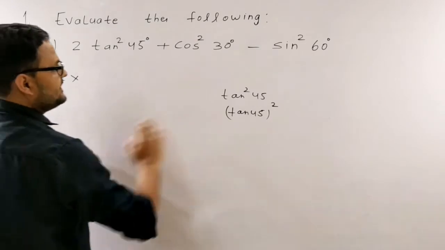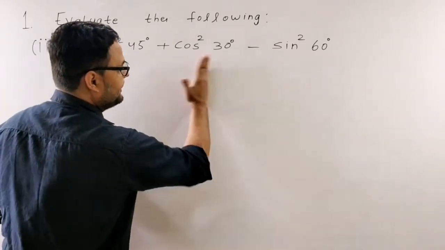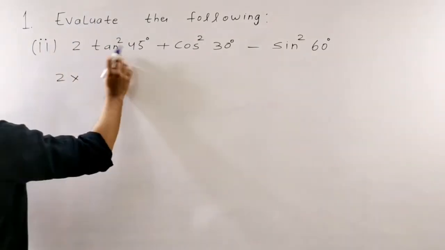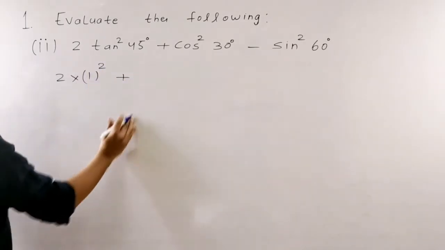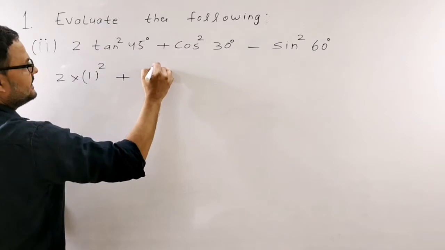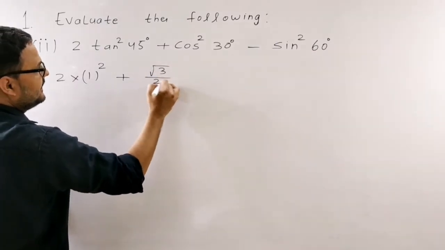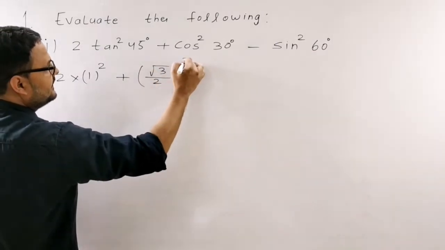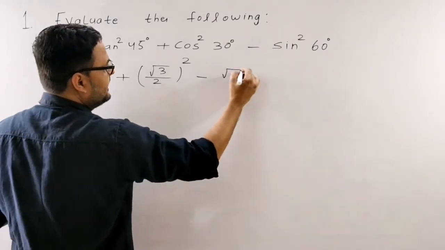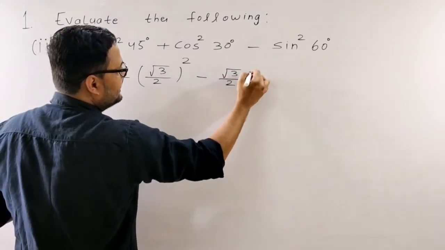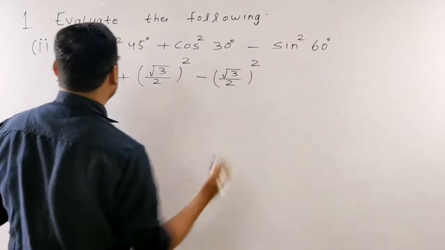Both are the same. So when I simplify, tan 45 is 1, so 1 squared, plus cos 30 is root 3 by 2, then root 3 by 2 the whole square, minus sin 60 is also root 3 by 2, then root 3 by 2 the whole square.